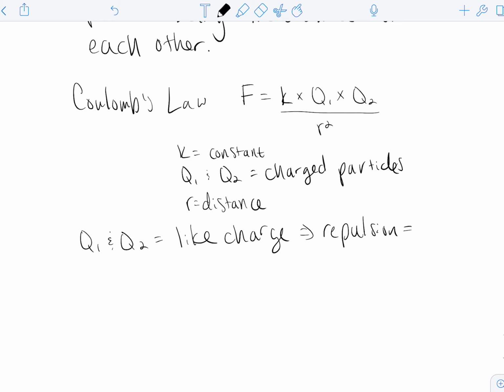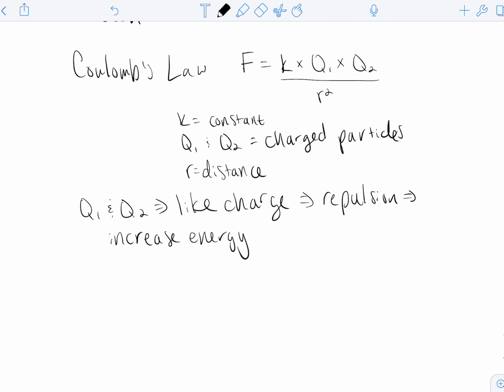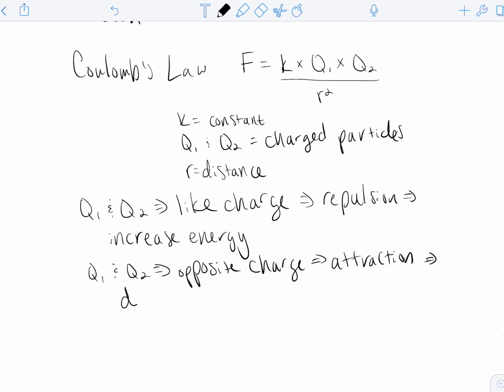That is going to increase our energy. We can also have Q1 and Q2 being opposite charges. And this is going to cause attraction. It's going to be an energetically favorable thing. So this is going to decrease energy.